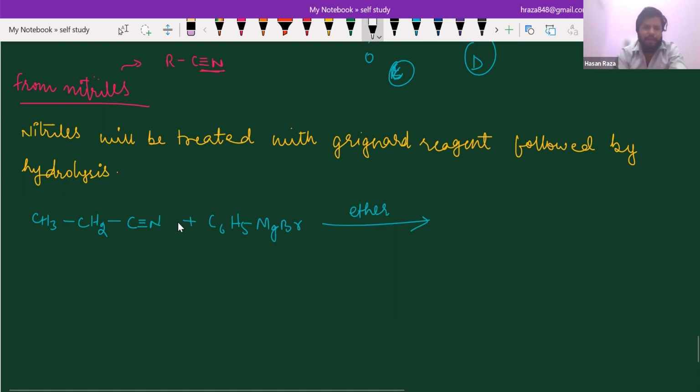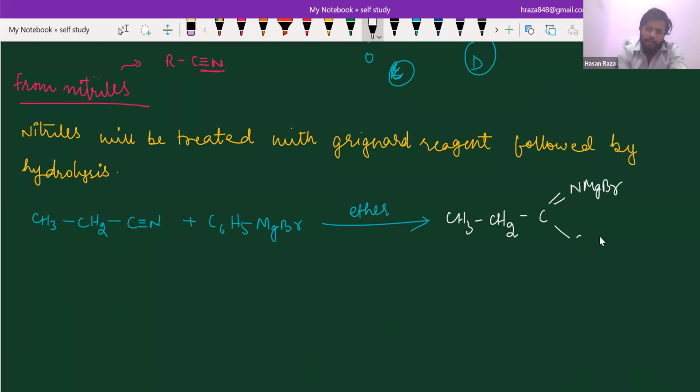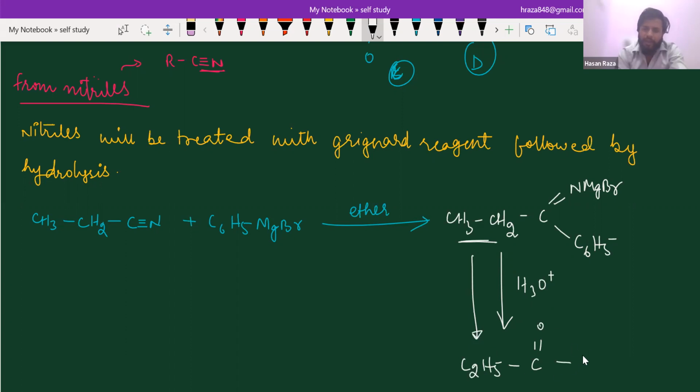So what will happen? It's very easy to understand. There is CH3, there is CH2, and then this C, and then there will be double bond N MgBr, and another bond, this will be C6H5, and this will be followed by hydrolysis, that is H3O positive. Then you will get C double bond O, with C2H5, that means CH3CH2, and C6H5.